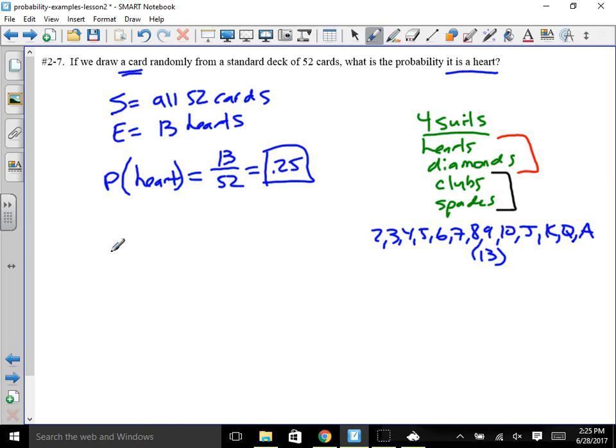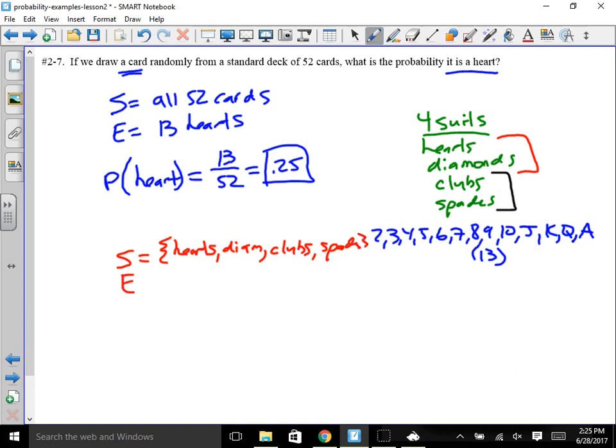If we didn't want to deal with individual cards, we could also talk about suits, right? You could say, well, how many suits are there? The sample space could consist of the suits. We have hearts, diamonds, clubs, and spades, right?